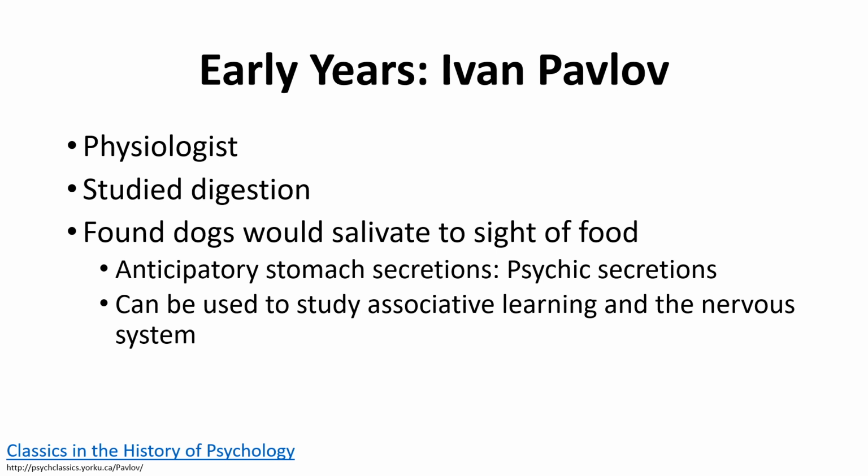And so this is where Pavlov did something a little bit different that actually made this important. He made the connection and figured that we could actually use these anticipatory secretions as a method to study associative learning, and specifically the mechanisms of associative learning that might be within our nervous system. Now, that was a question that people were interested in.